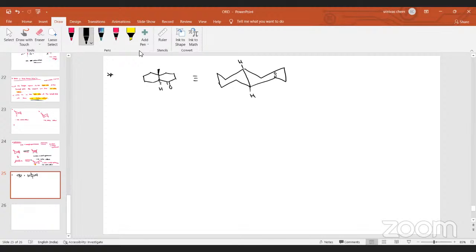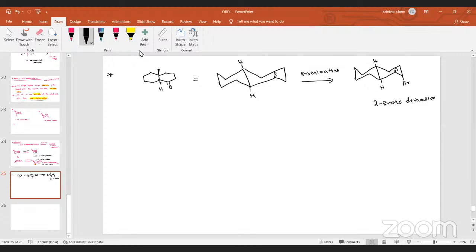Upon bromination, it can form the 2-bromo derivative.